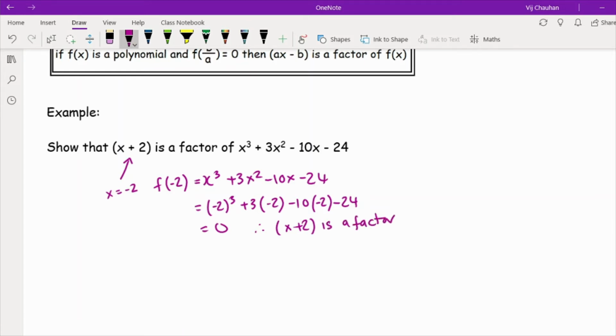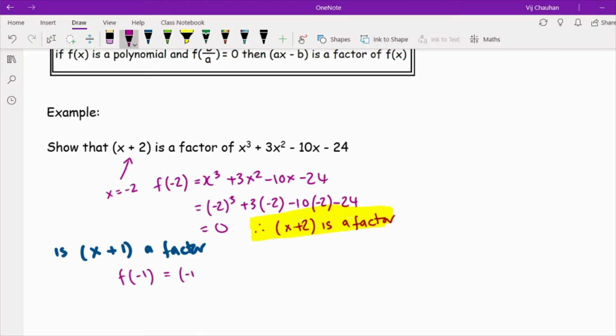One thing that examiners are really after is students actually writing this down to confirm that it is a factor. It's putting the icing on the cake, showing that because this equals 0, x plus 2 must be a factor. Now if the question asked, is x plus 1 a factor, then I'd be expected to substitute f of minus 1 into the expression.